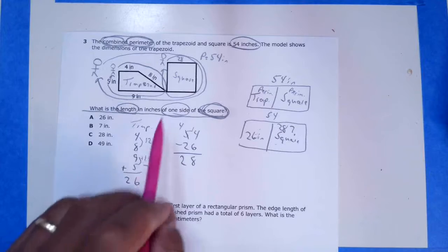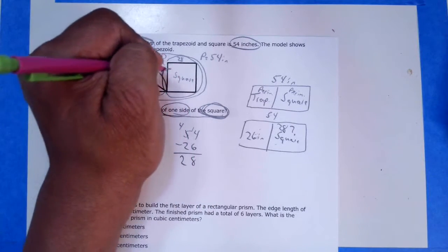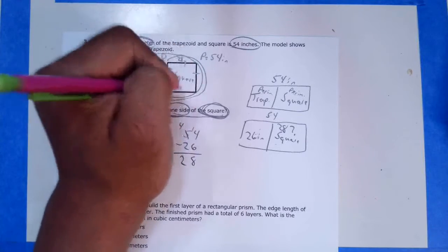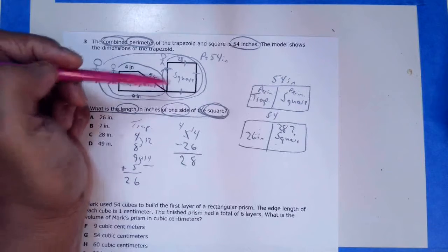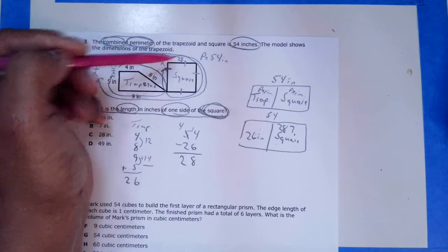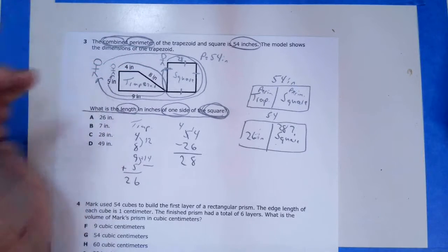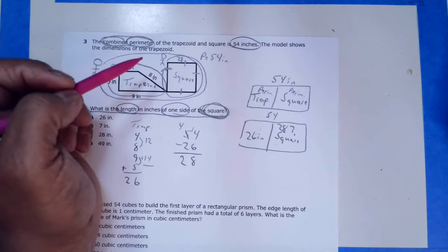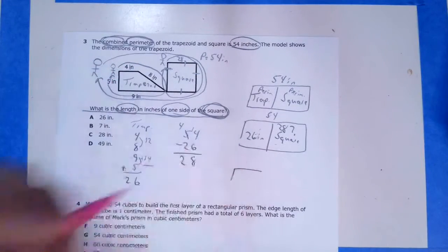I don't need to go all the way around. I just want one of them. Also, remember, on a square, all the sides are equal. You have 4 equal sides. So you need to cut this 28 into 4 equal pieces. The operation that we use to cut something up evenly into pieces is division.